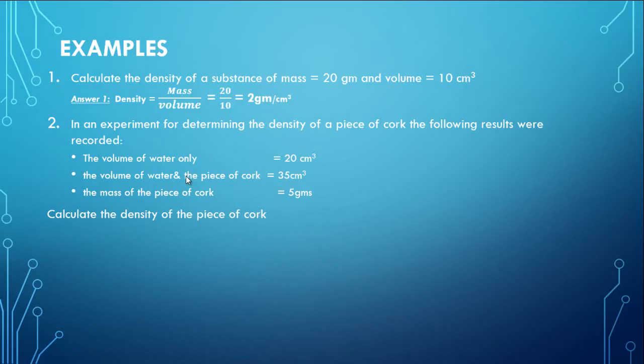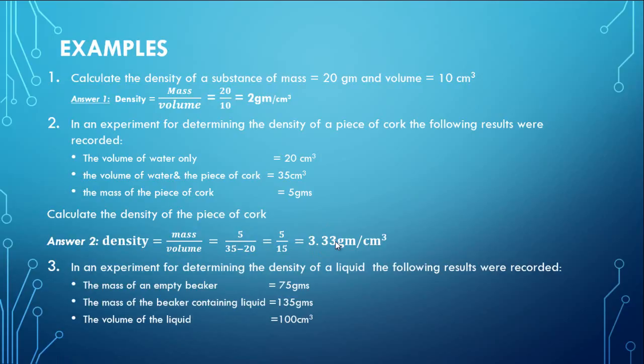And the mass of the piece of cork equals 5 grams. So by calculating the density by this relationship, density means mass divided by volume, equals 5 divided by V2 minus V1, equals 3.33 gram per cubic centimeter.